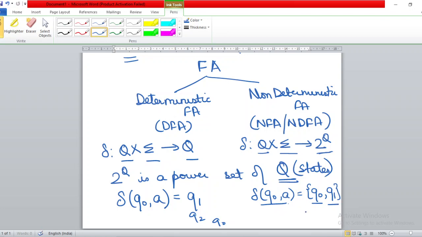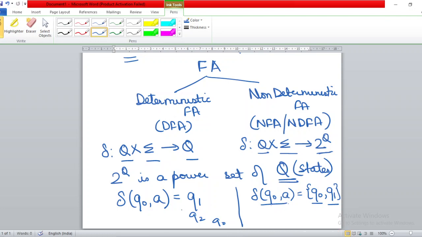If you can go to more than one state for a particular state and input symbol, then that finite automata is referred to as a non-deterministic finite automata, and this is the basic difference between a DFA and a NFA.